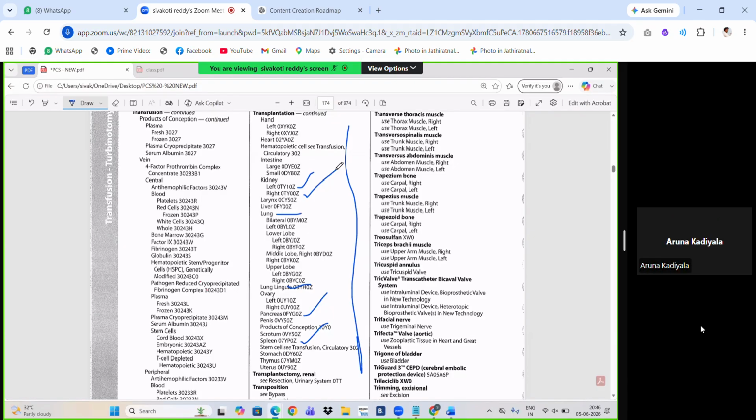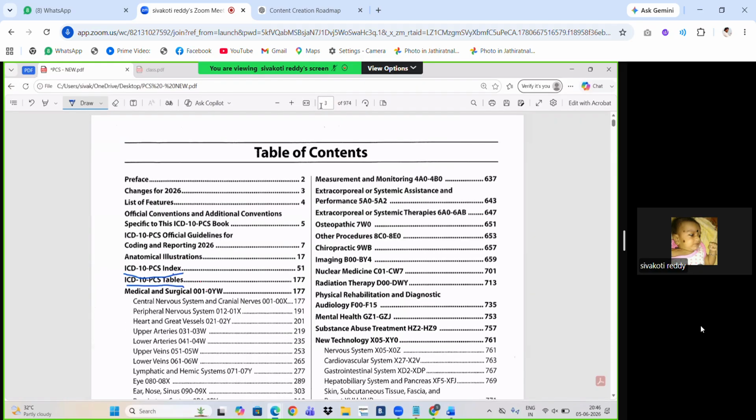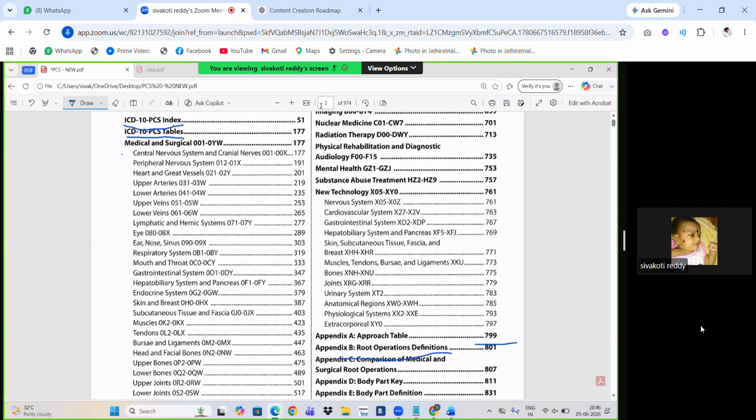Now, first note down the liver transplantation example. Note down 0F500Z. We can go for this code range. Now, again we need to go to the table of contents. Under the tables, check where the 0F series starts. Here you are getting 0F1 to 0F5, hepatobiliary system.